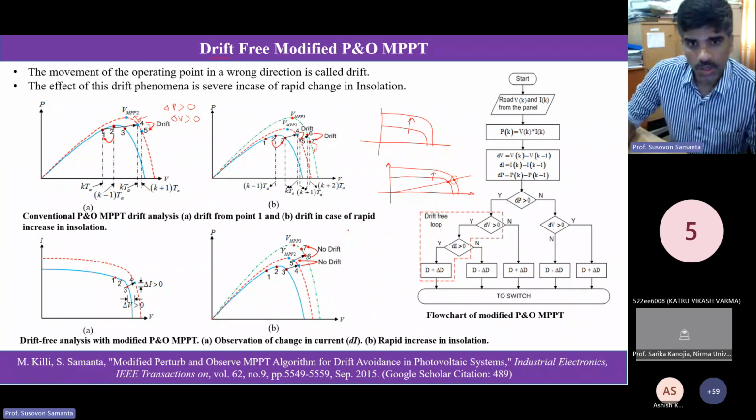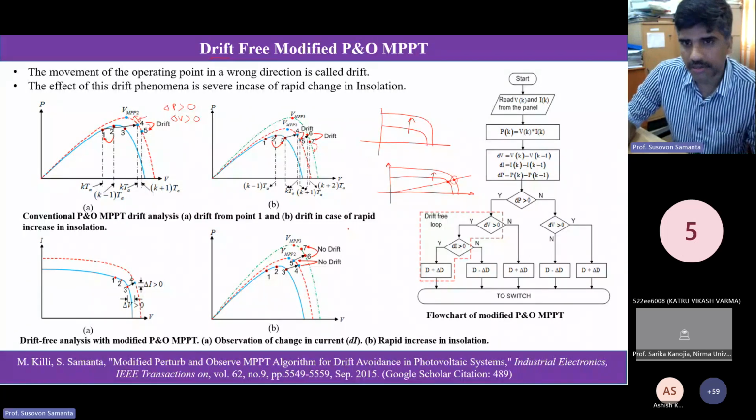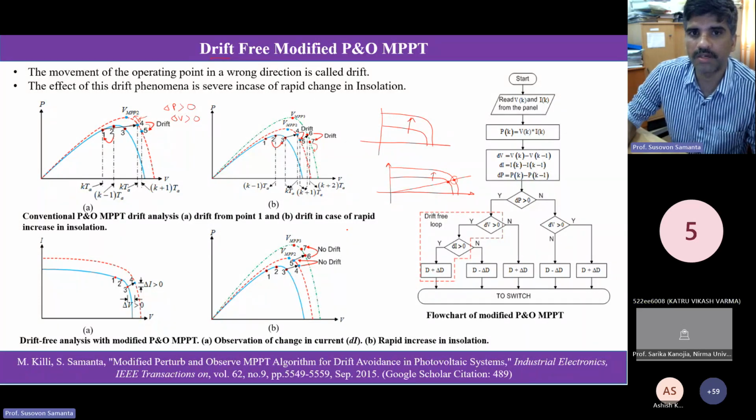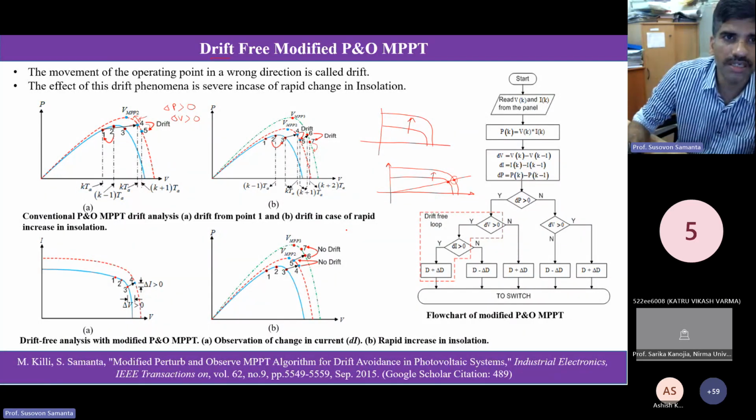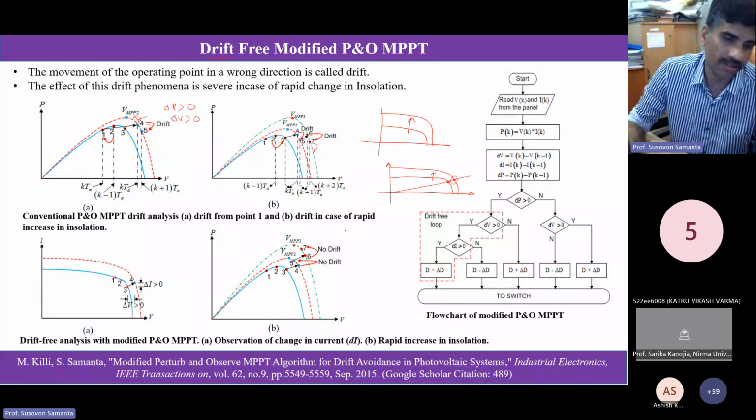So as I said, the normal P&O algorithm has a problem: it takes the first wrong decision when there is an increasing irradiation level, because it is not able to understand that the power change is due to the irradiation level.